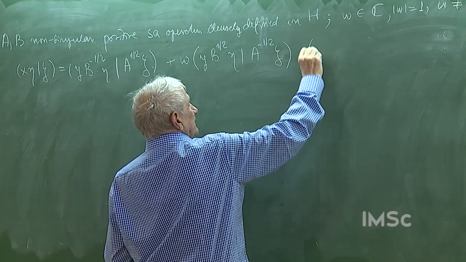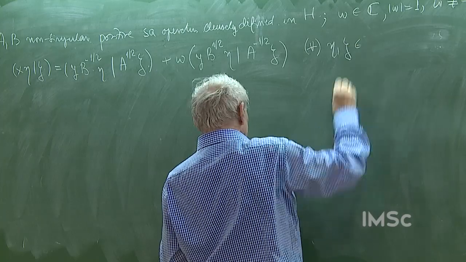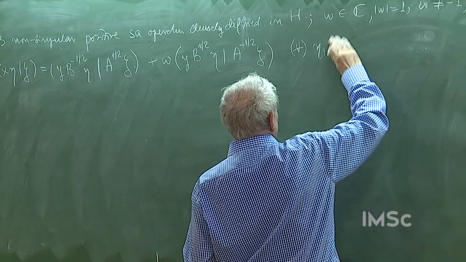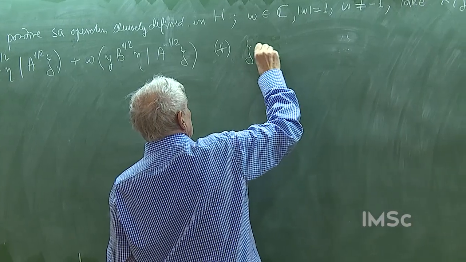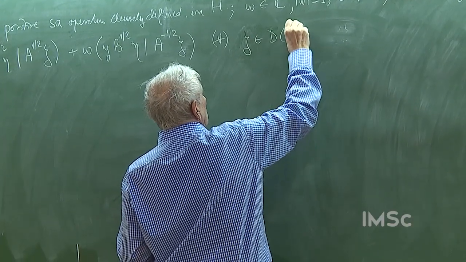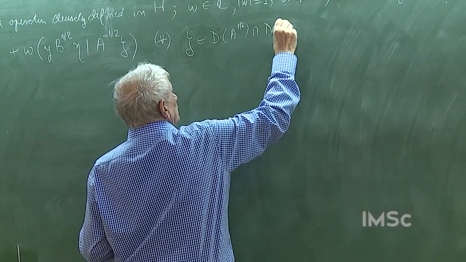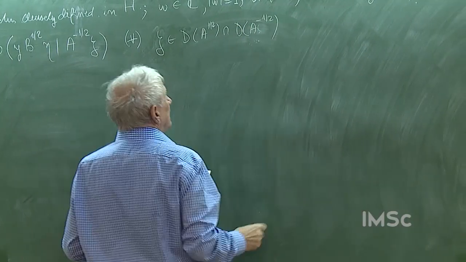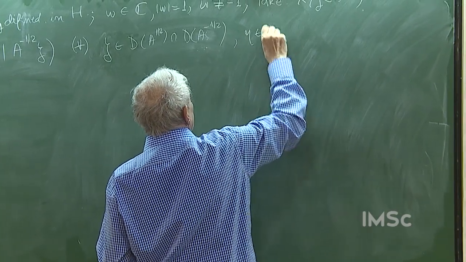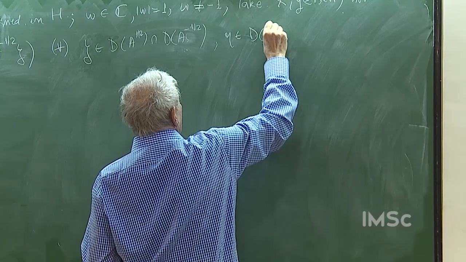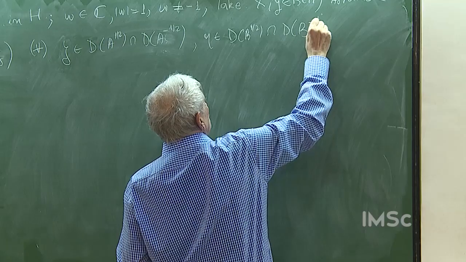That this happens for all zeta in the domain of a to power 1/2 intersection domain of a to power minus 1/2, and eta in the domain of b to power 1/2 intersection domain of b to power minus 1/2.